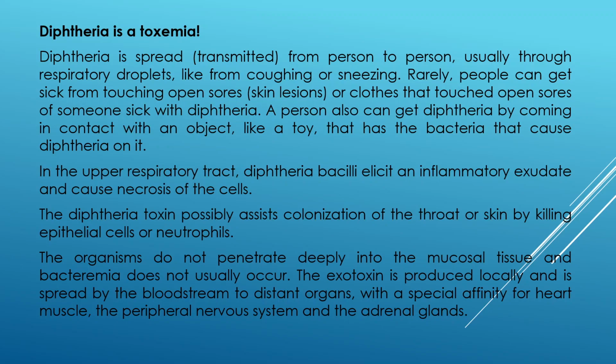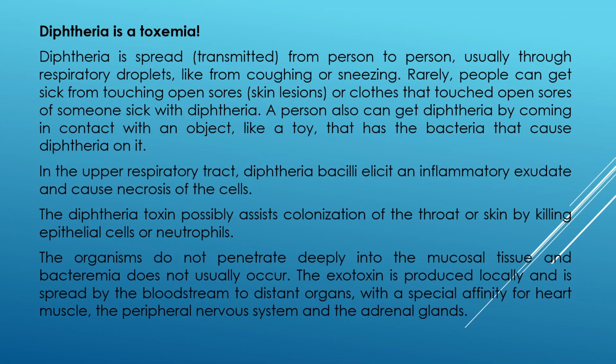In the upper respiratory tract, diphtheria bacilli elicit an inflammatory exudate and cause necrosis of the cells. The diphtheria toxin possibly assists colonization of the throat or skin by killing epithelial cells or neutrophils.